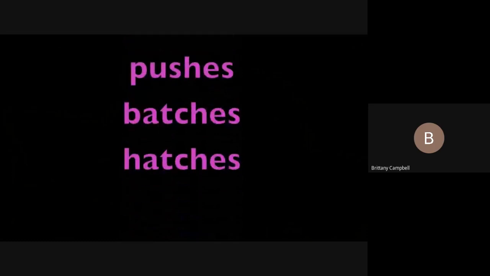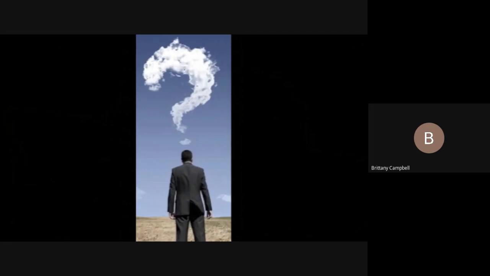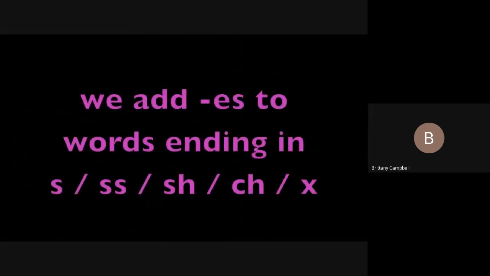Now, did you notice which letters we add ES to? Can we go over it? We add ES after S, SS, SH, CH, and X. So a lot of S, SS, and the SH, and CH, and X. Box. So let's go over these.